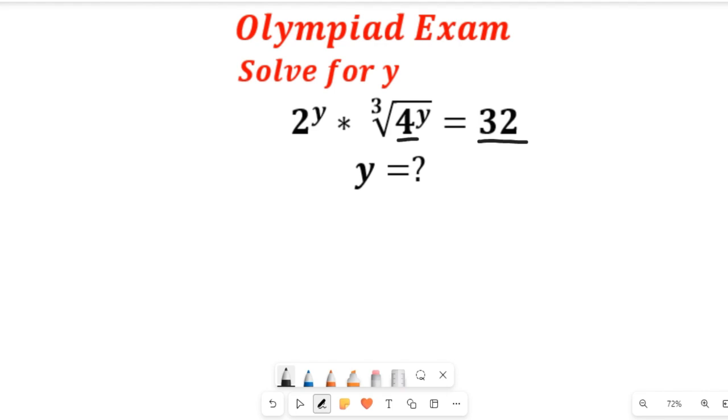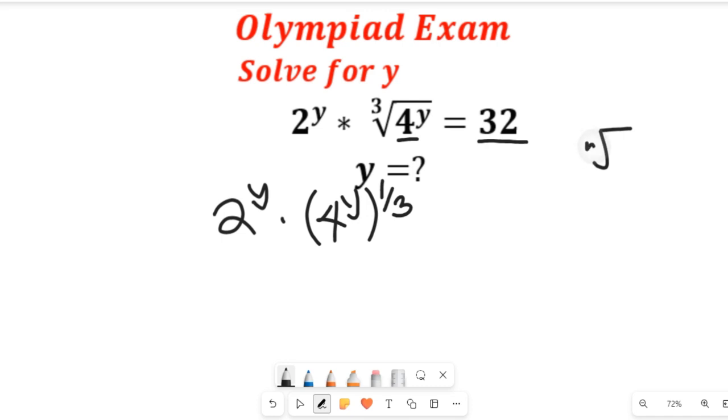We have 2 to the power of y multiplied by 4 to the power of y, all to the bracket 1 divided by 3, because the n root of a is equal to a to the power of 1 divided by n, right? So this will be equal to 32.